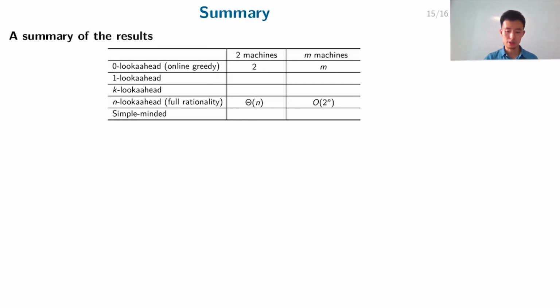In particular, the 0 look-ahead and the 1 look-ahead have the same performance for the two machines case, and for constant k and m, the sequential price of anarchy for the k look-ahead model is constant, while the SPOA for the full rationality model is unbounded. For the simple-minded players model, the sequential price of anarchy is m for m machines, which is as good as the unrelated.